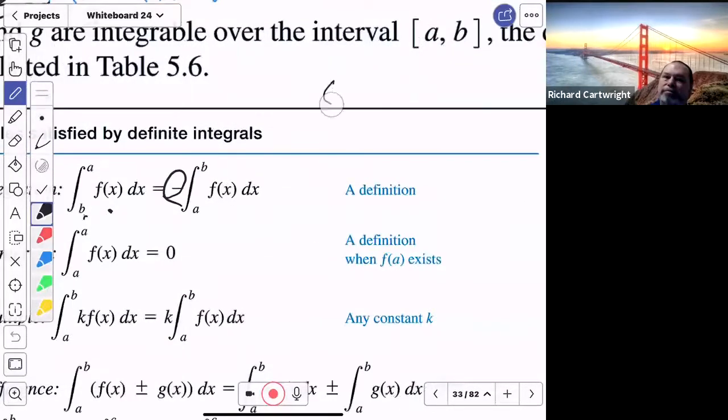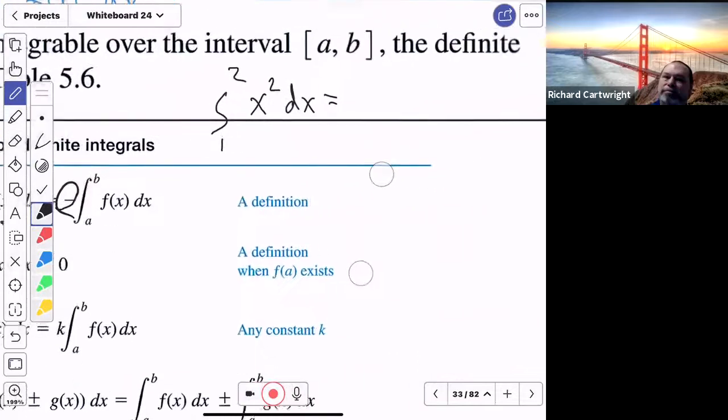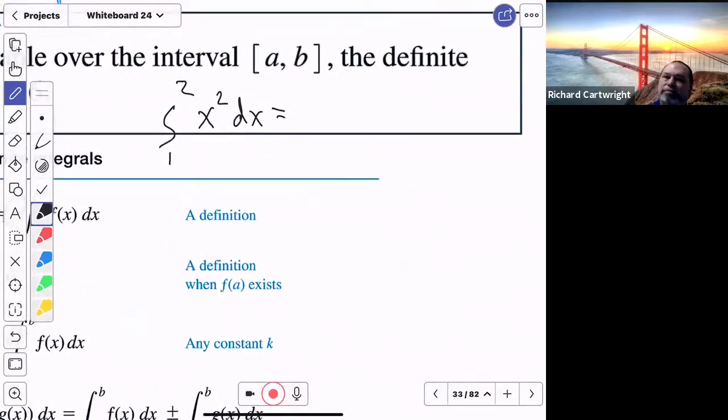If I'm integrating from 1 to 2 of x squared dx, the work looks like this. x cubed over 3 from 1 to 2. Plug in the top number, 8/3, minus, plug in the bottom number, 1/3. Did I say 8 cubed? That was dumb.